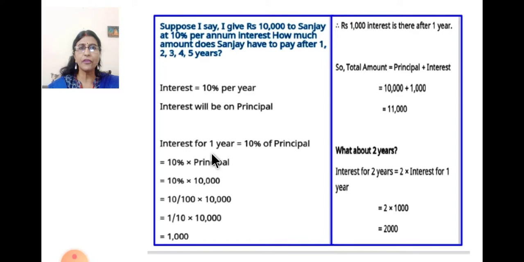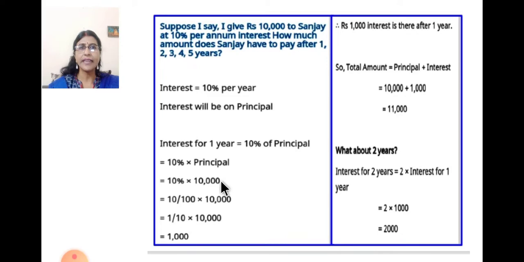So interest for 1 year is equal to 10% of principal. It is given in the question, 10% per annum is given. So always we know that interest will be always on principal. So 10% of principal, and that is equal to 10% multiplied by principal. And then 10% into 10,000.